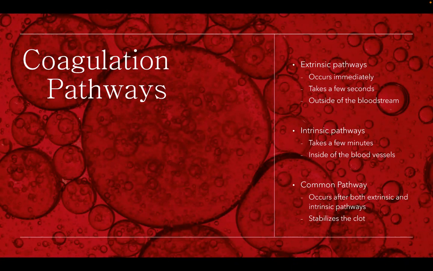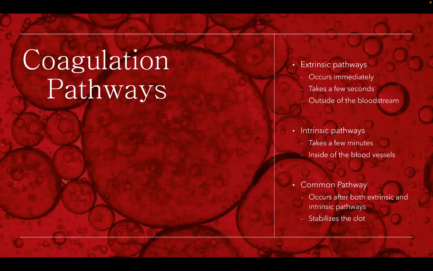The second pathway is the intrinsic pathway, which is much slower compared to the first one. This process involves the internal workings of the bloodstream. This reaction normally occurs when the bloodstream comes into contact with a foreign substance or object. It is also often found that this path tries to occur when there are some blood tests being done.